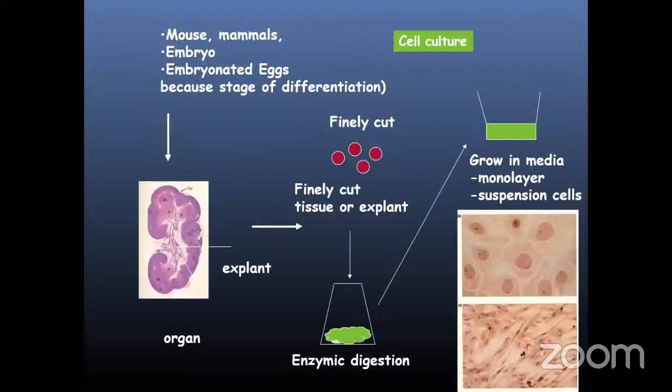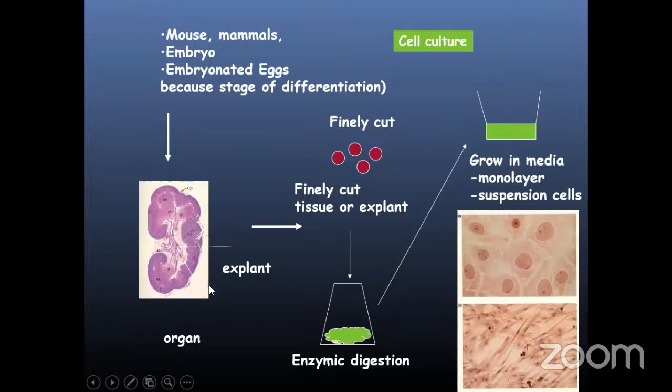We can remove the cells from mouse, mammals, or embryonated eggs at the stage of differentiation. From any specimen from any organism, you can first isolate a particular organ part, which is called an explant.